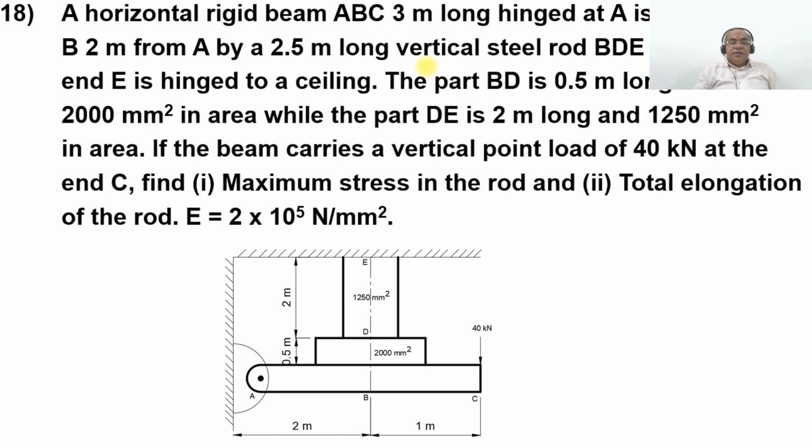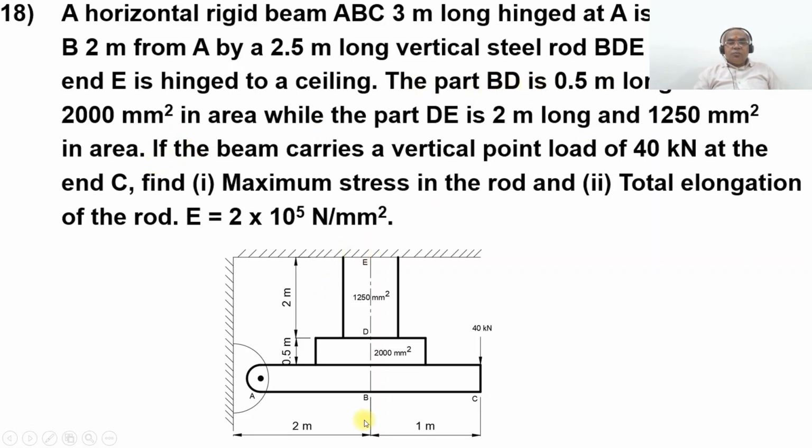So the horizontal beam ABC is 3 meters long, hinged at A, and supported at B, 2 meters from A, by a 2.5 meter long vertical steel rod BDE, whose upper end is hinged at the ceiling.